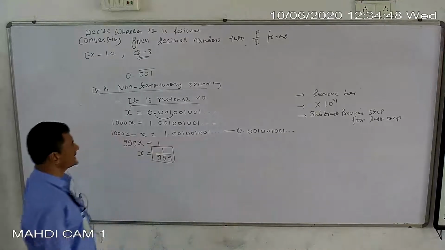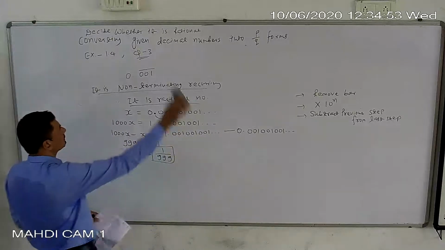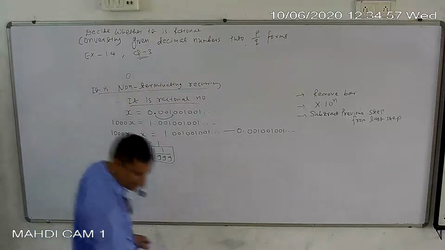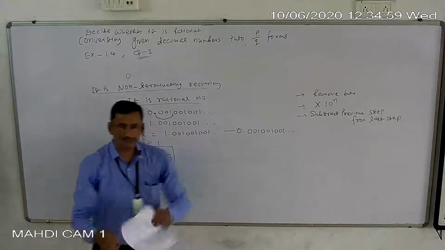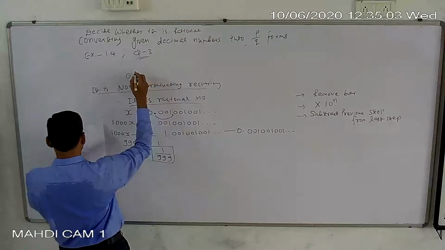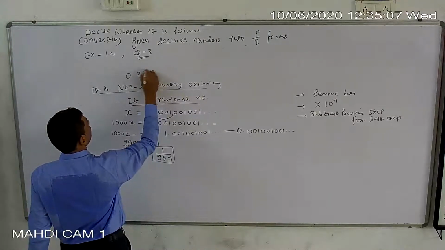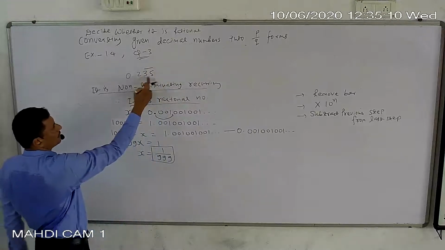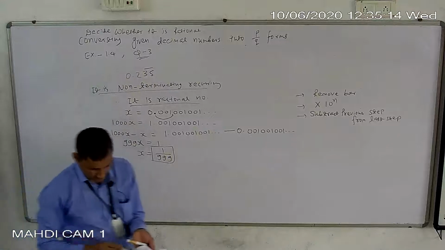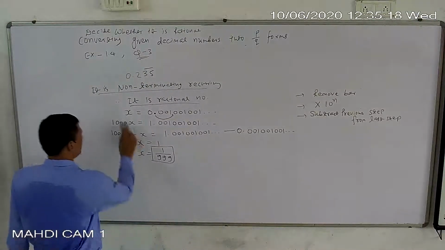Now I am giving you another example of the same type, but there is a little difference. This is not from the textbook. I am giving you an extra question. Suppose it is 0.235 like this. The bar is on 35 only, not on 2. So now what to do? How to proceed?